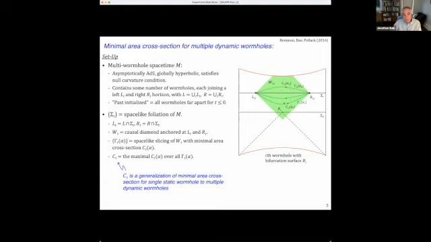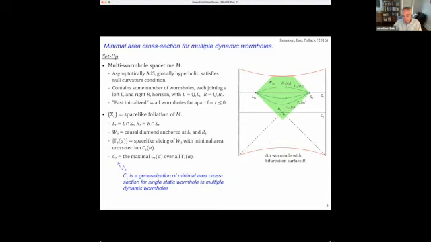They represent spatial slices. And for each spatial slice, we identify the minimal area cross-section of it, and that's represented by these green dots. So we have a collection of these green dots, and then we identify the maximal cross-section in this collection. And that's their candidate for the minimal area cross-section associated with all these wormholes.